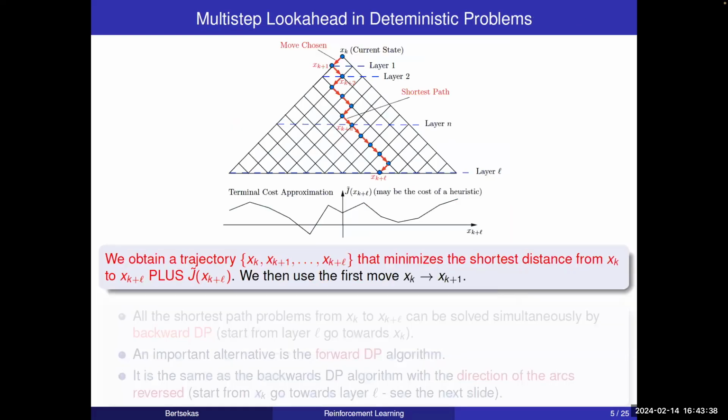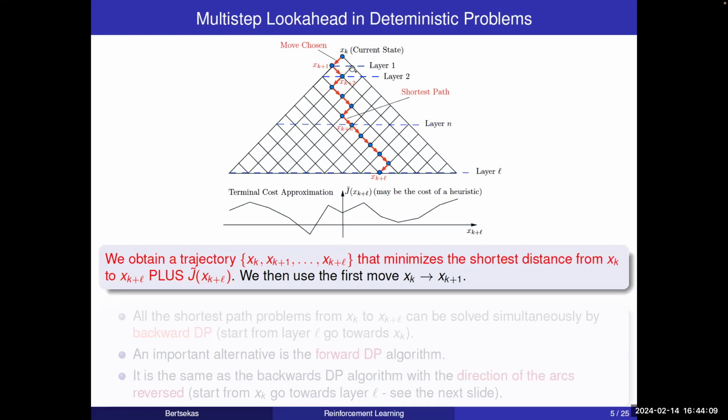Okay, so let's focus on multi-step look ahead. So here's a figure that's more or less the same figure from the previous slide, except it's flipped vertically, and we're ignoring the rollout portion of it. So that's been abstracted away in a cost approximation. So we start at this state xk, and this represents a look ahead tree. So at state xk, we can apply some control and move to a state in the next layer.